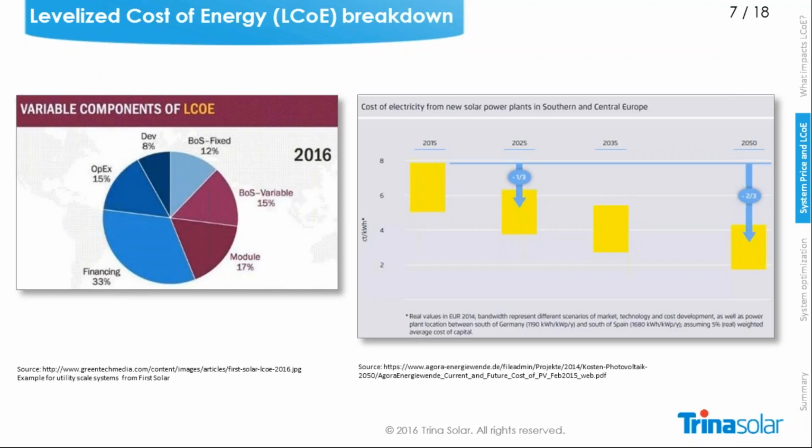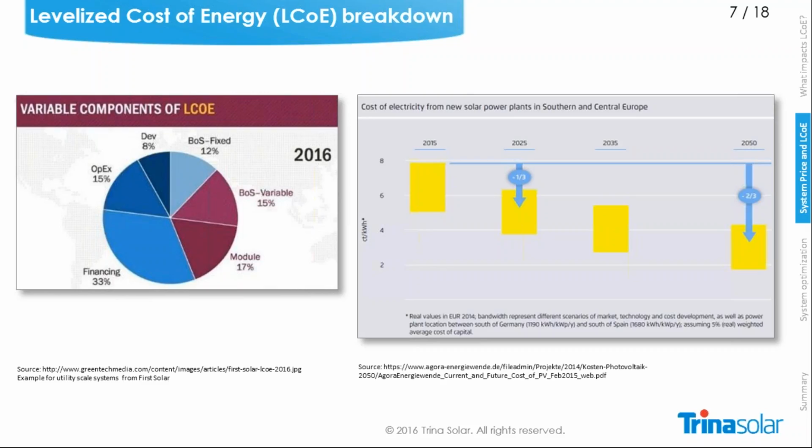You can see that currently, in 2015, as you may also know from Germany or from tendering, even there the LCOE in tenders is below 8 cents, and a further drop of 30% is expected within the next 10 years, so that it will be in Europe between about 2 to 4 cents.